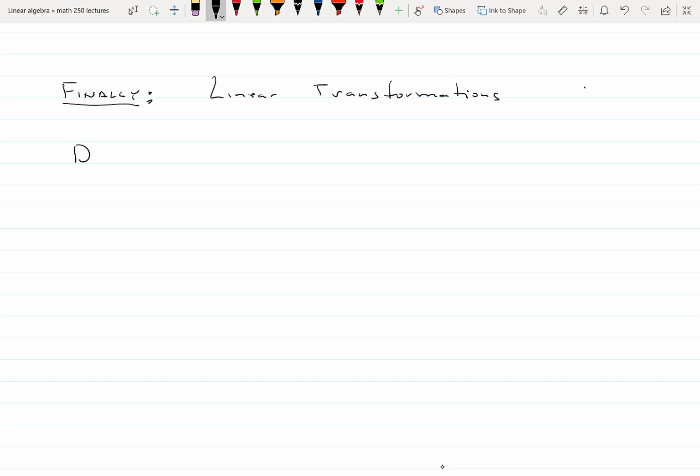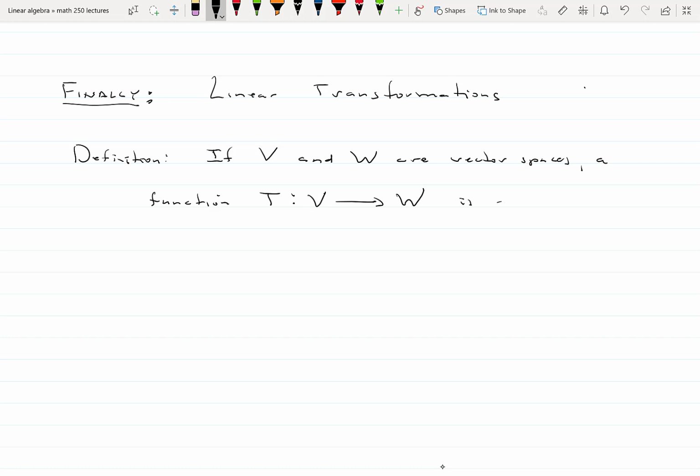So, definition: if V and W are vector spaces, so we start with two vector spaces, a function T, which takes elements of V and turns them into elements from W, is called a linear transformation. Our goal is to study linear transformations.